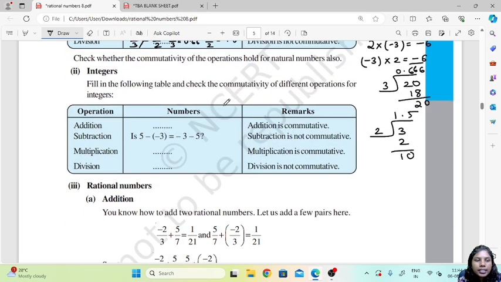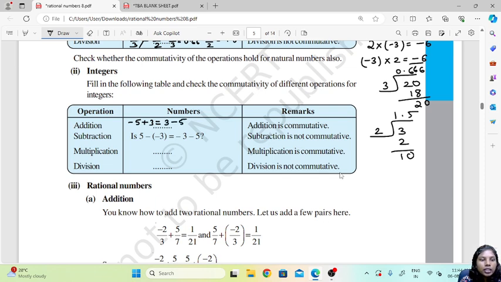Now let's check the same for integers. For addition, say I have minus 5 plus 3, and the other way round, 3 minus 5.